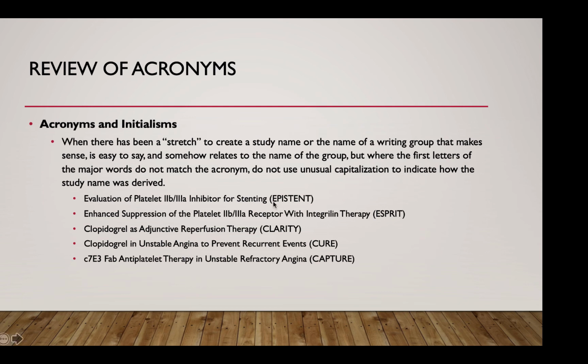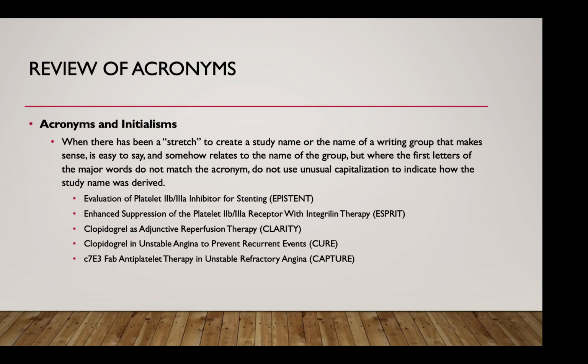So if every single word is not represented, for example, you have a whole bunch of I's and Roman numerals in here, you wouldn't then highlight or bold or capitalize something that is not supposed to be capitalized just so it's clear how the acronym was made.